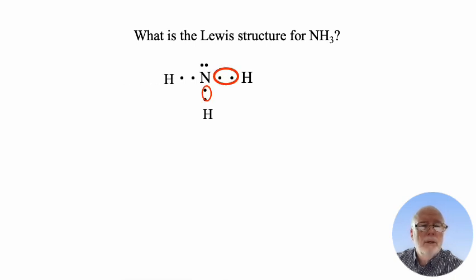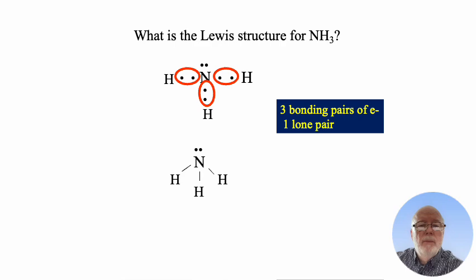And so by circling the shared electrons, this time the nitrogen has 2, 4, 6, 8, and each hydrogen has the 2 electrons it needs to resemble helium. And here we go with our molecule. We have 3 bonding pairs, 1 lone pair.